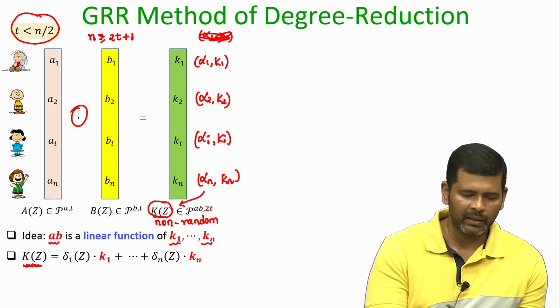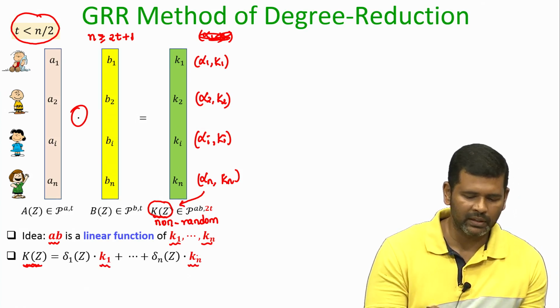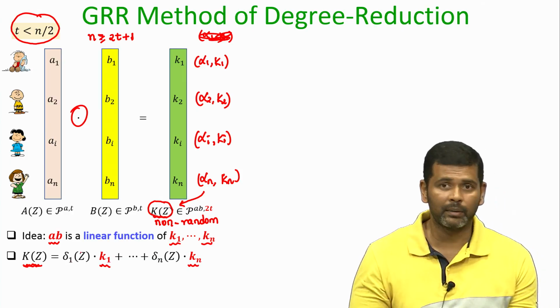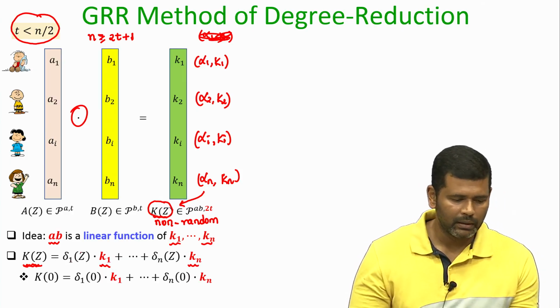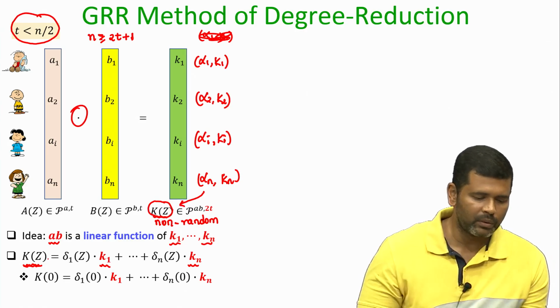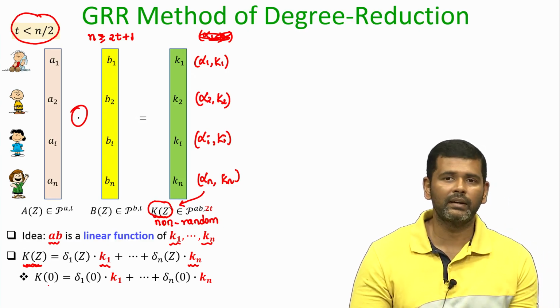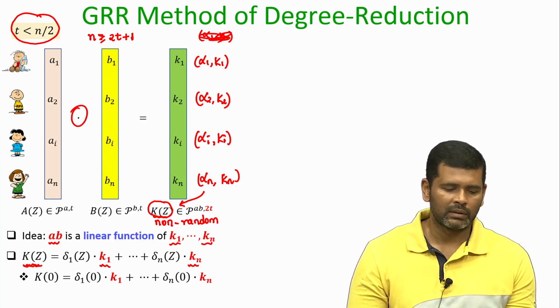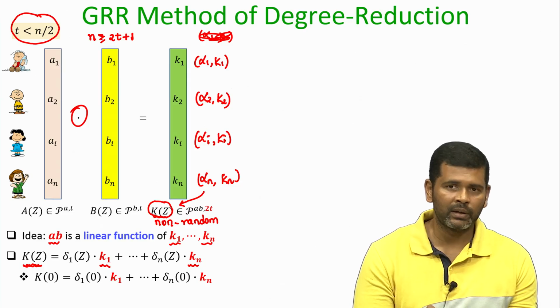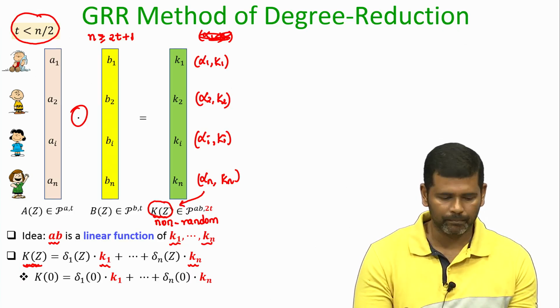The k polynomial can be expressed in terms of the distinct points on the k polynomial and the delta polynomials. And if this is the case, then by substituting z equal to 0, I obtain the following relationship. I can say that k of 0 is delta 1 of 0 times k1, delta 2 of 0 times k2, up to delta n of 0 times kn.